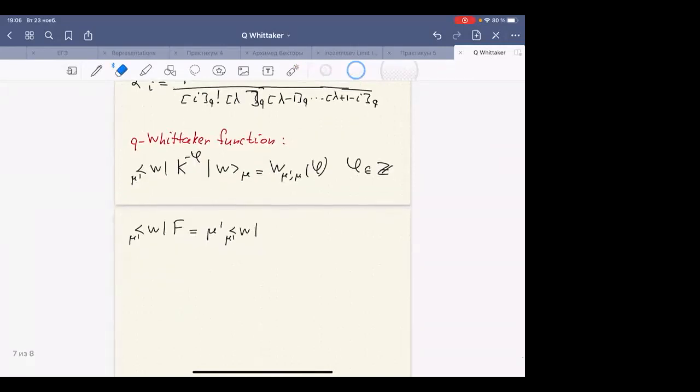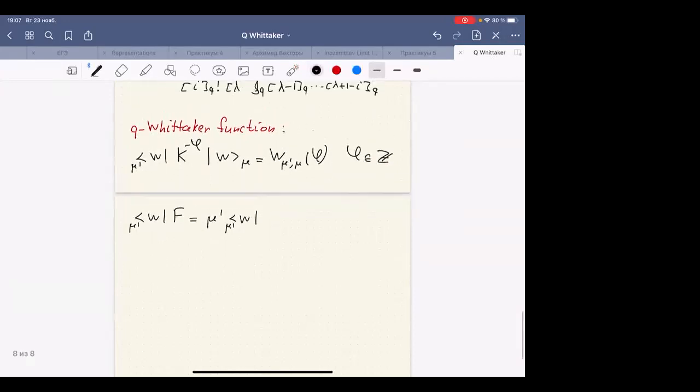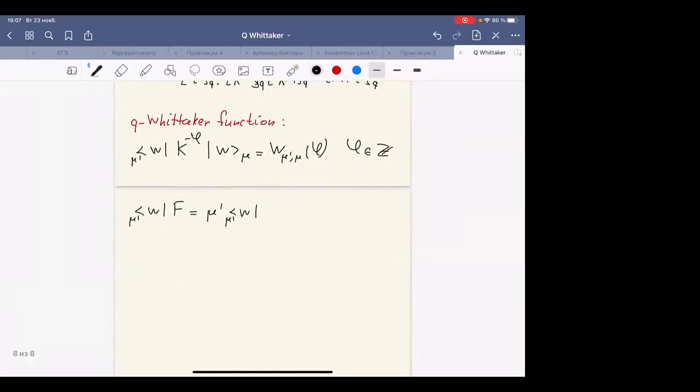I think it is okay to think about phi not as an integer, but to avoid any questions, we may think that phi is an integer. So then we can ask if there is any differential equation or difference equation for this function. Actually, in the quantum case, we will have a difference equation for the q-Whittaker function.